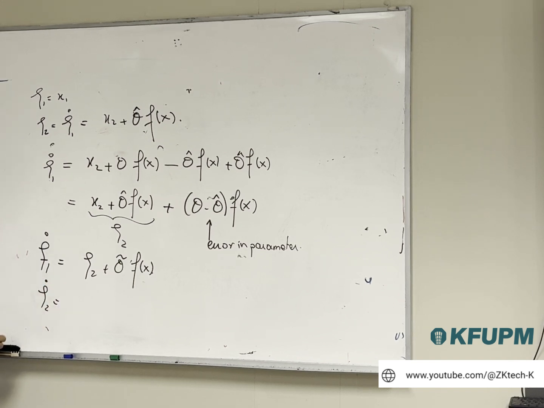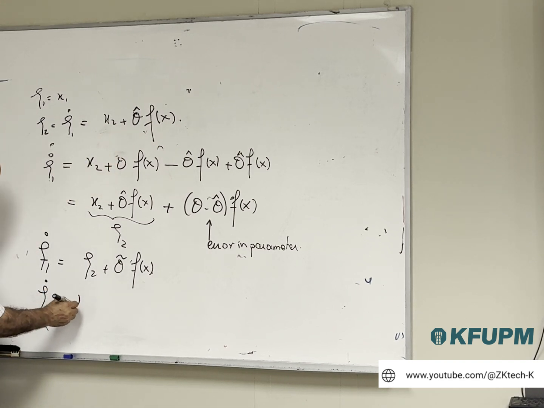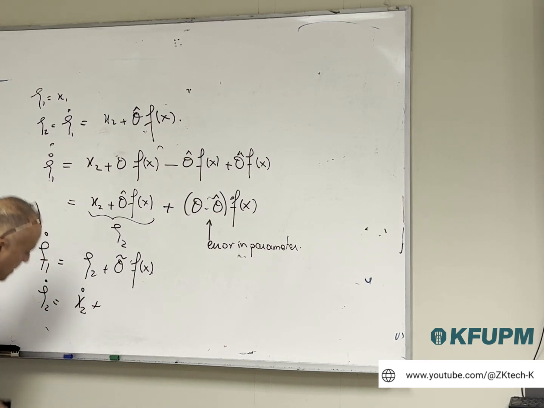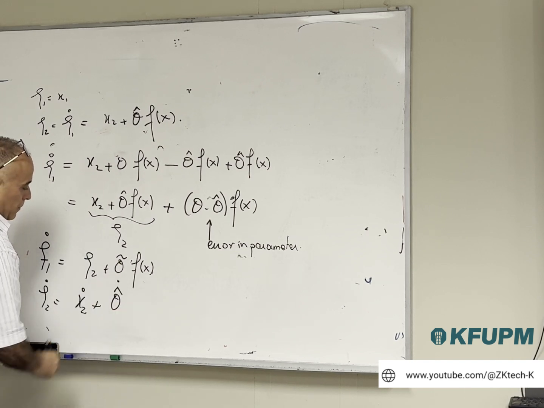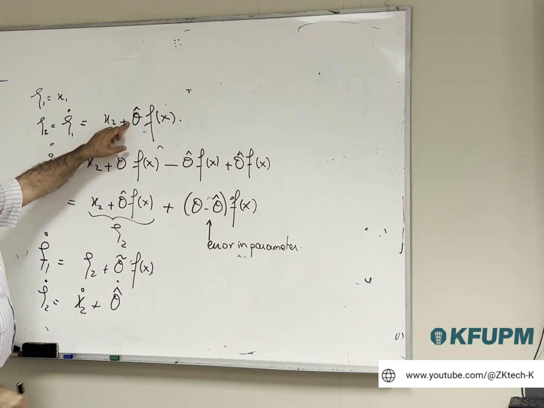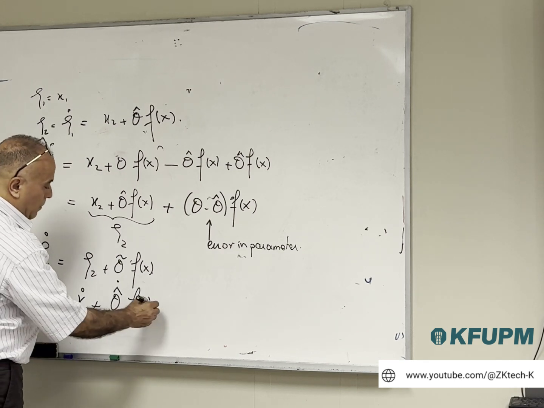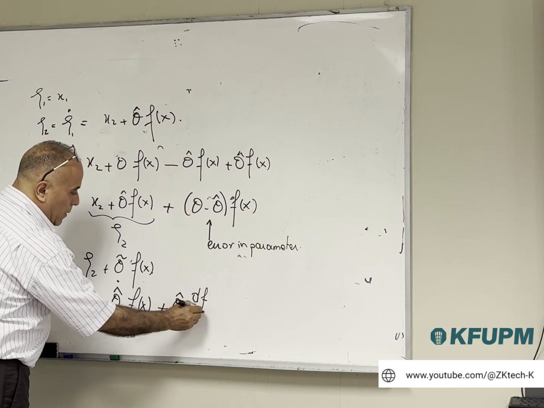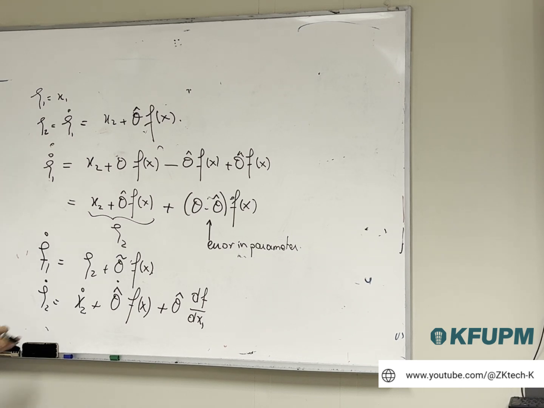It will be equal to x2 prime plus theta hat prime multiplied by f of x, plus theta hat multiplied by the derivative of f with respect to x prime. And the derivative of x2 is equal to u.